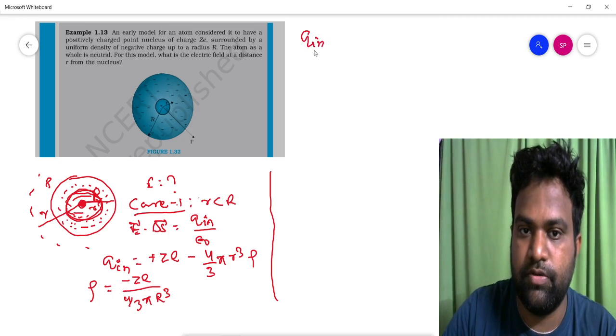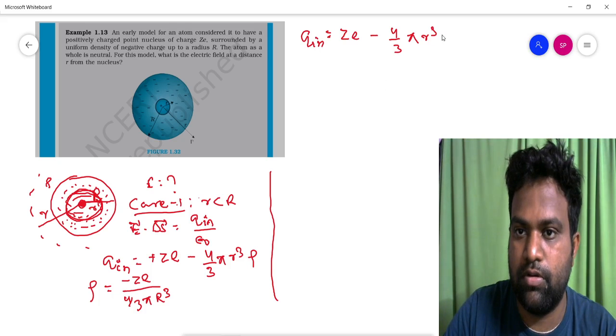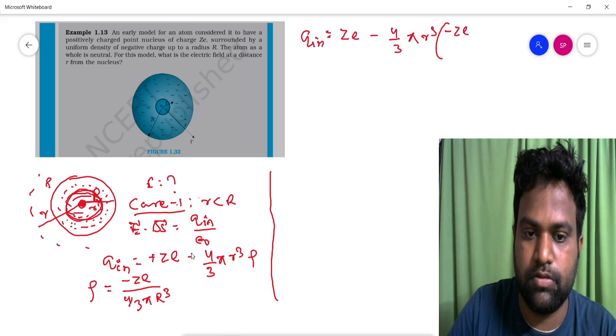So now we'll use this rho here and we can find out Q inside. So Q inside will be Ze plus 4/3 pi r cube multiplied by minus Ze upon 4/3 pi R cube. This is plus, right? Q inside is positive charge plus negative charge.